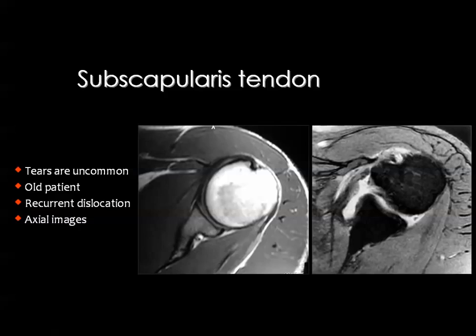Ruptures of the subscapularis tendon are uncommon, and this tendon is very strong and needs a strong force to rupture. Then to diagnose rupture of the tendon, you can see that the tendon is not stretched, it has a wavy course and is not reaching the insertion site in the lesser tuberosity.